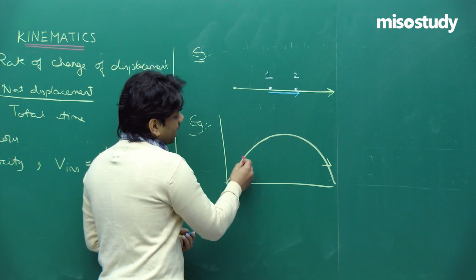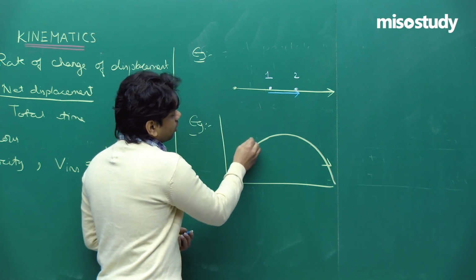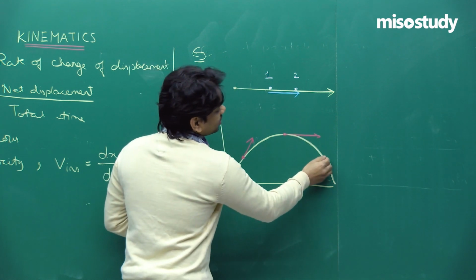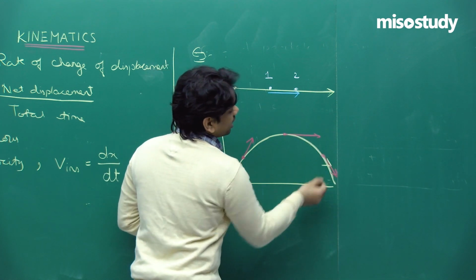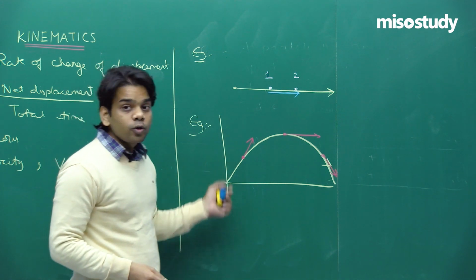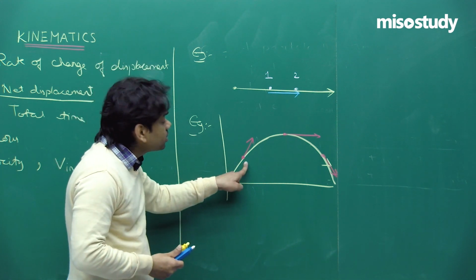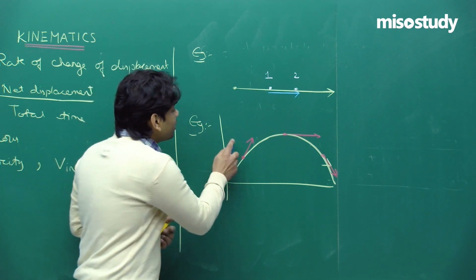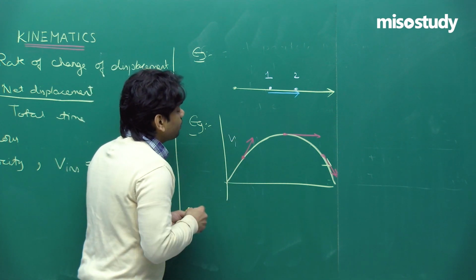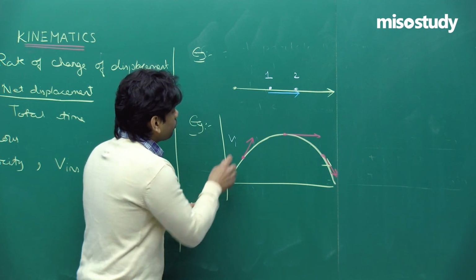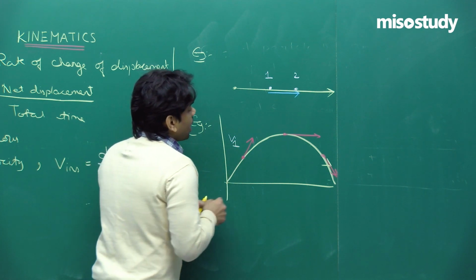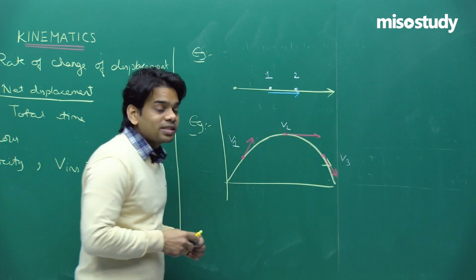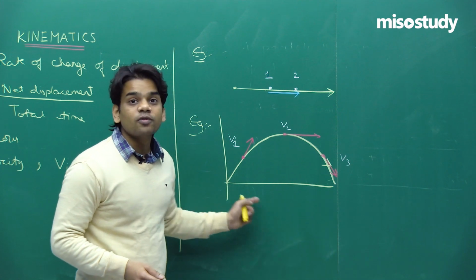The velocity at this instant will be along this direction, at this instant along this direction, and at this instant along this direction. So we have to check, at that particular instant of time, the direction of change in displacement, which gives the velocity at that instant. I'm marking this as V1, this as V2, and this as V3. So you can see that at every instant the velocity is changing.